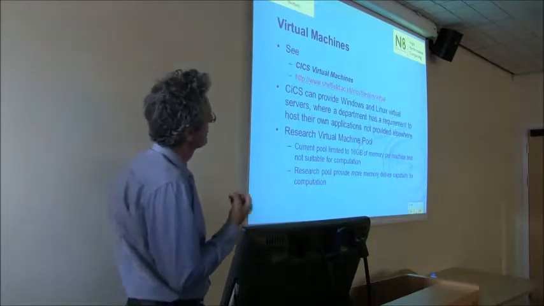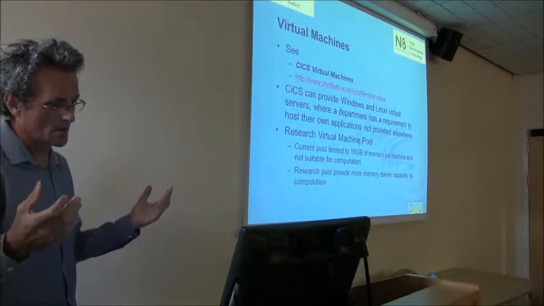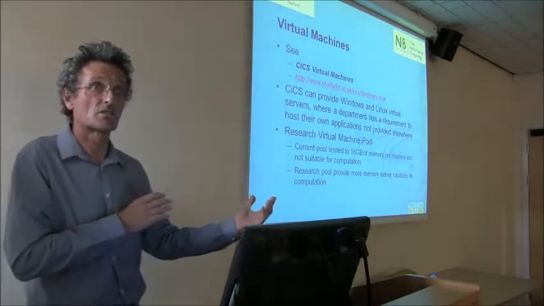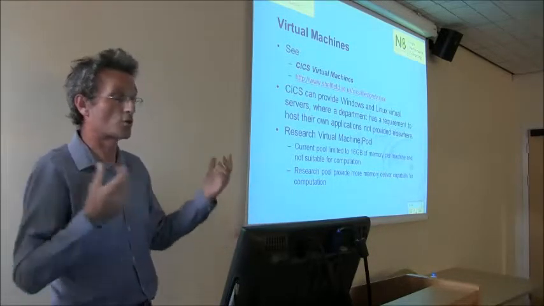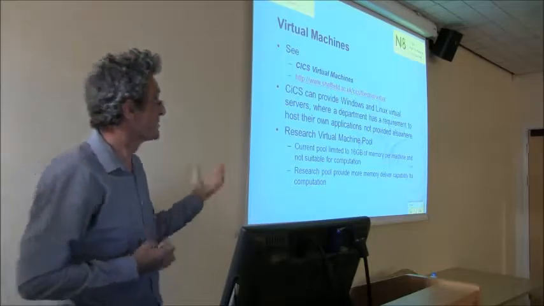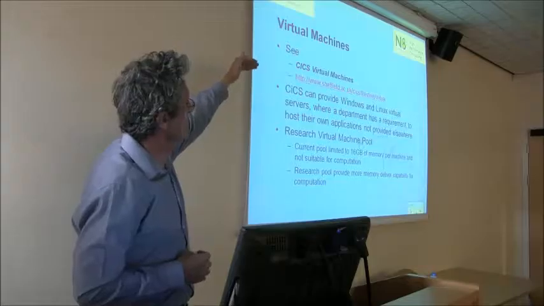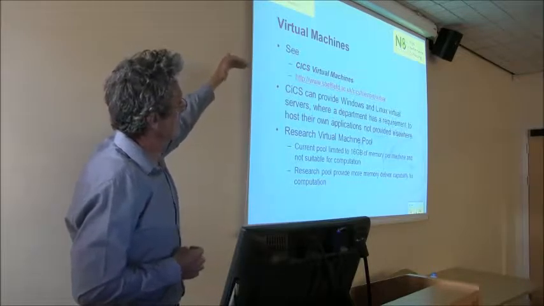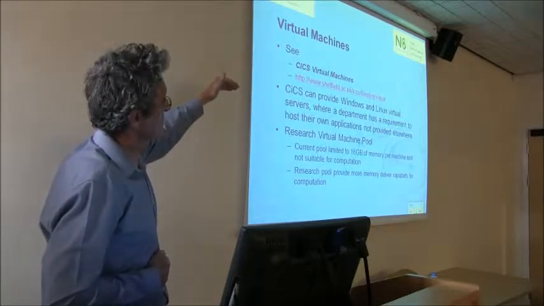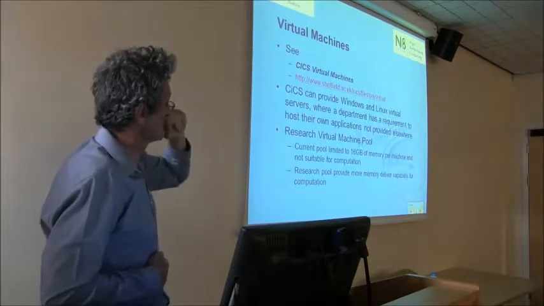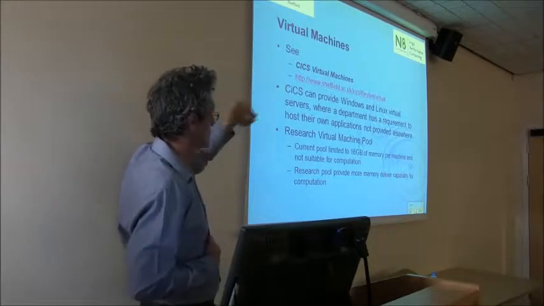Other things that we can do, you might not want to use. I mentioned that the cluster has the same operating system across that system. You might not want to use our operating system, or the software that you have might not be compatible with that. You might want to use a machine in our virtual machine pool. So in CiCS, we can provide Linux and Windows virtual servers, where you need to host your own applications.